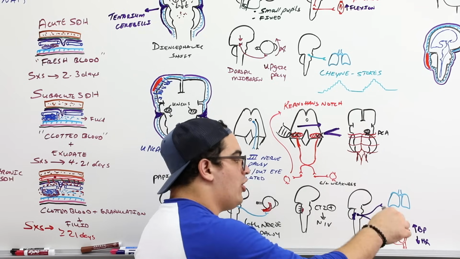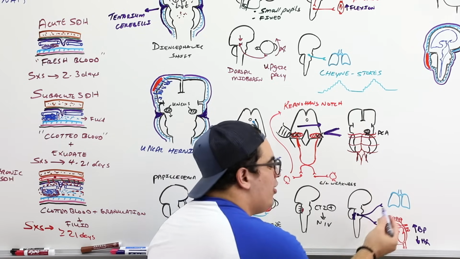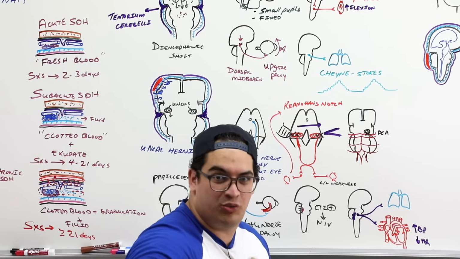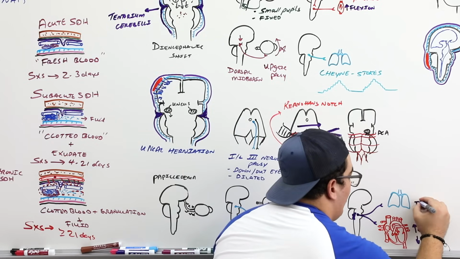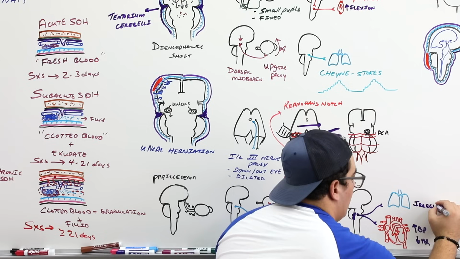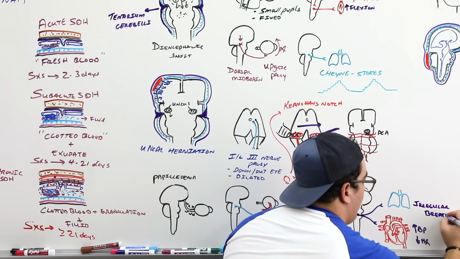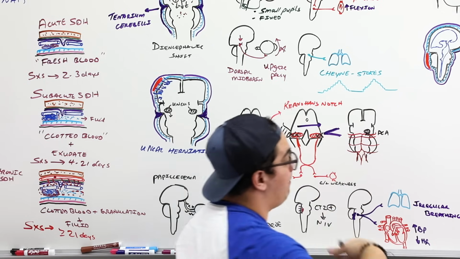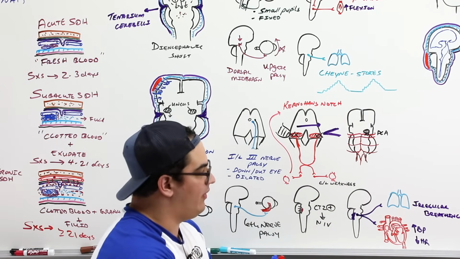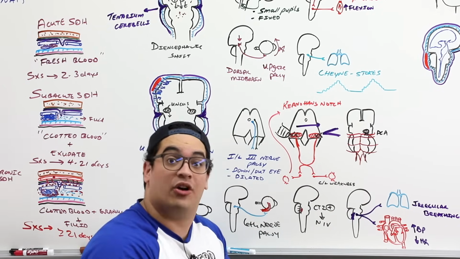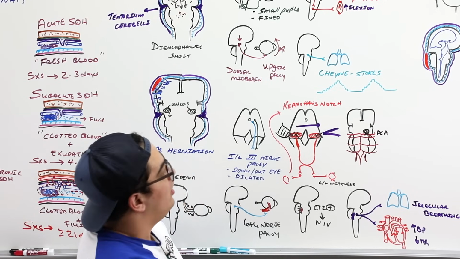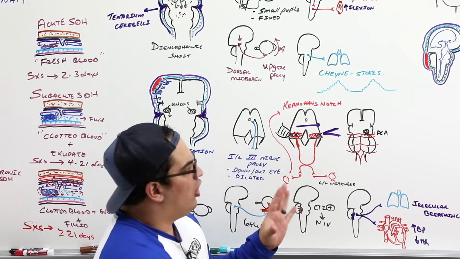So they develop bradycardia, hypertension, and it also alters the rhythm in which we breathe. And it leads to very irregular breathing patterns. Sometimes you may see like a biot or ataxic type of breathing, and sometimes even worst case scenario, apnea. Okay? That covers a good chunk of the herniation syndromes.